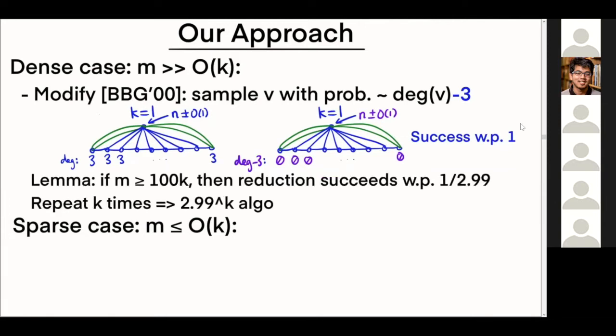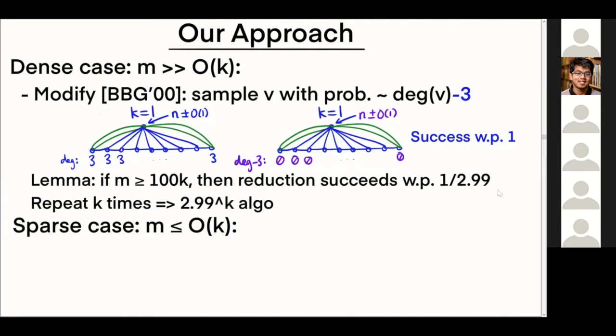So a more concrete lemma we prove is that if m is much larger than, let's say, 100k, then this reduction leads to success probability 1 over 2.99. The significance of this number is that it's less than 1/3, which is good because it gives us a running time of 2.99 to the k.